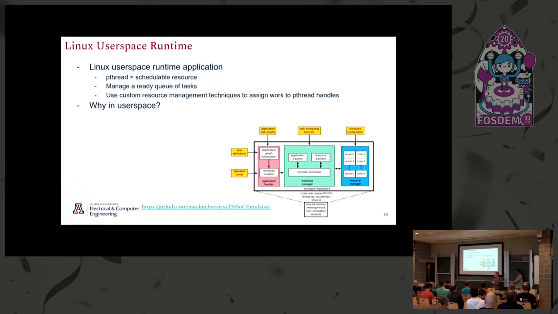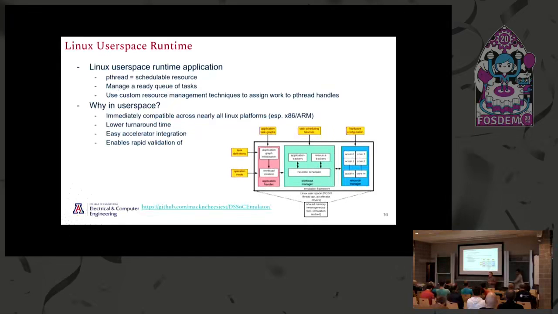And so the question is, why did we do this in user space? Because it allows us to iterate a lot faster while we're still in this early pre-silicon development phase. So it lowers turnaround time, and it allows for easy adding of accelerators because you can just directly use memory mapped registers or whatever interface that you need to access whatever's in your design.